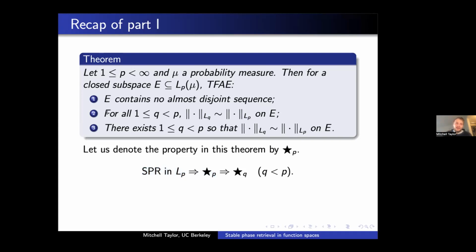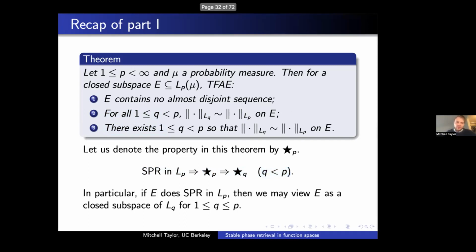And then from the fact that in 2 I have for all Q less than P, and in 3 I have there exists Q less than P, it's also clear that if I satisfy this star property in LP, then I satisfy it in LQ as long as Q is less than P. Okay. So this is the main implication I want to point out.